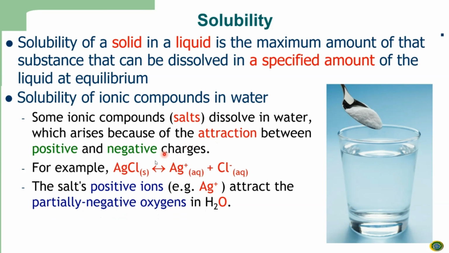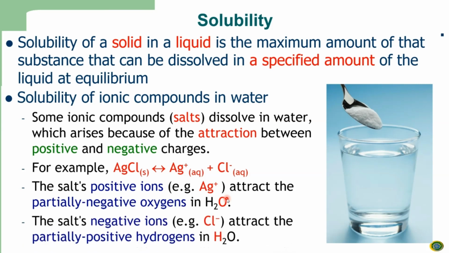And the positive charge of the silver will be close to the negative charge of the water, which is the oxygen, right? So this one will be closer. So the water takes the silver chloride apart. Okay, and of course the chloride anion will attract the proton, the hydrogen, right?